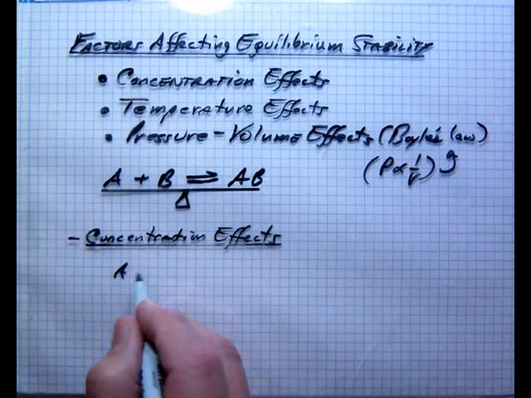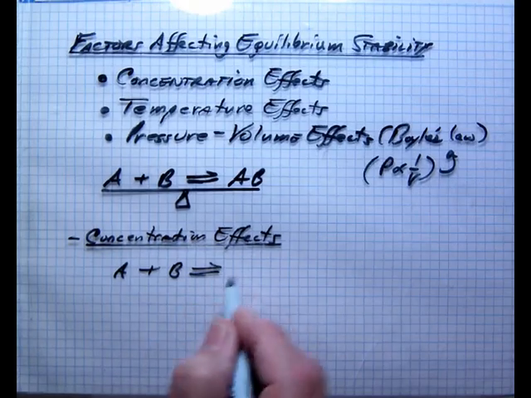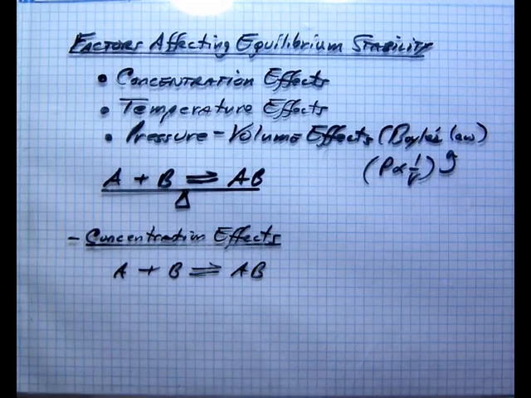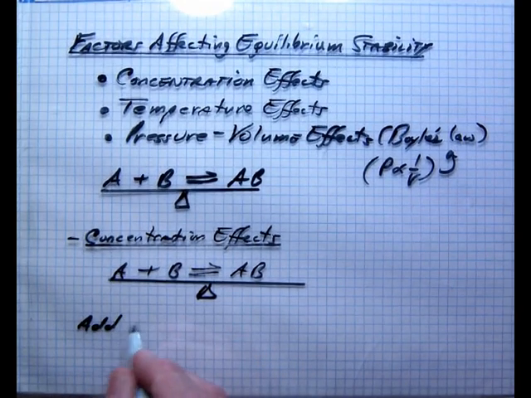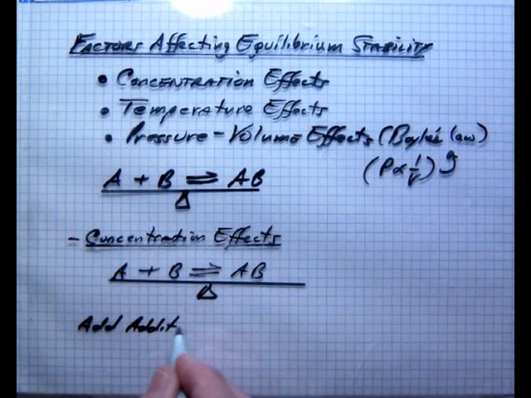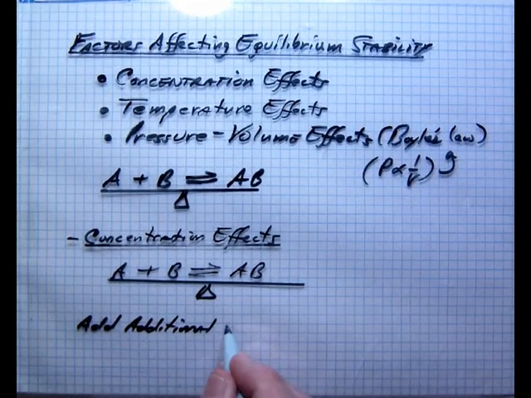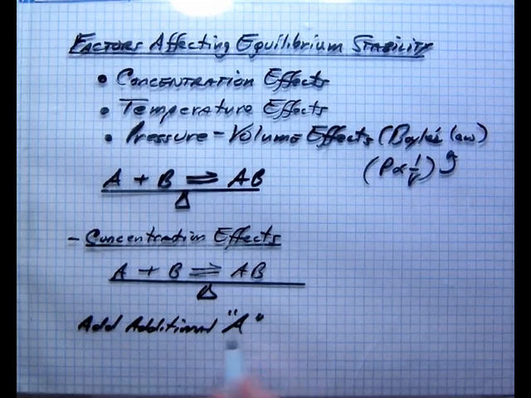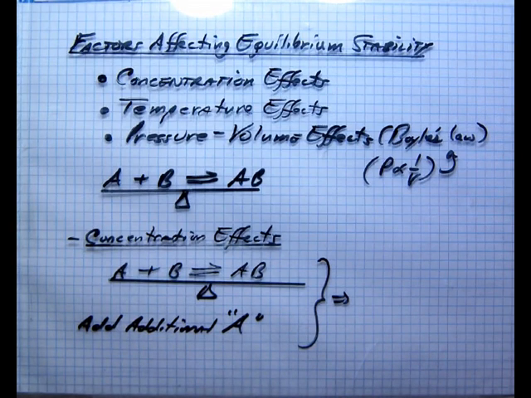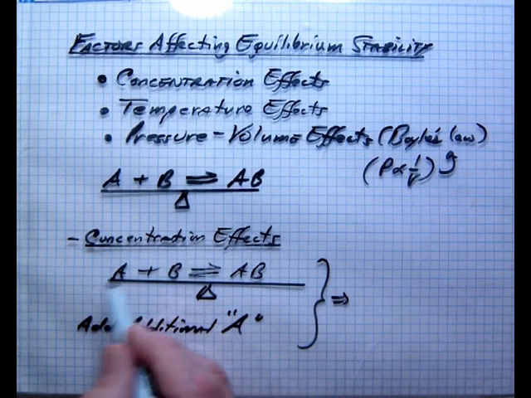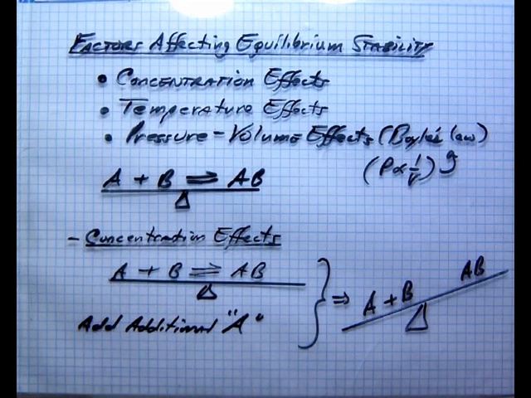But if we have an equilibrium, A plus B, and it's already in equilibrium with AB, then what's going to happen is the equilibrium is going to tilt. You're going to have too much on this side, right? So what you're looking at here is a system that's not at equilibrium if we put some extra A in.